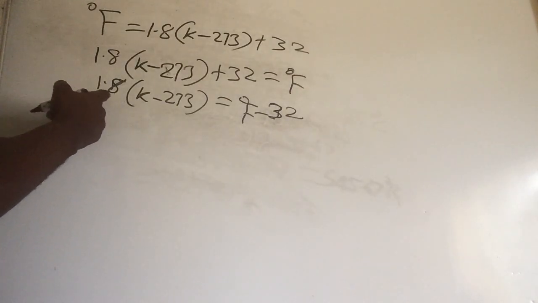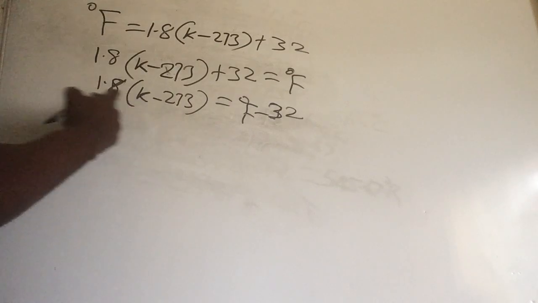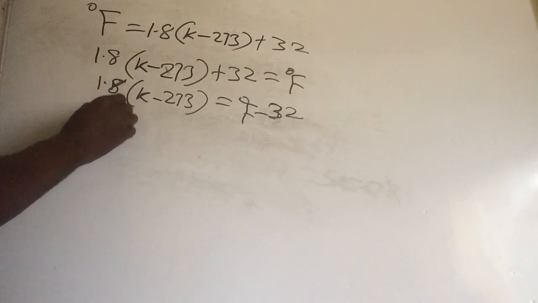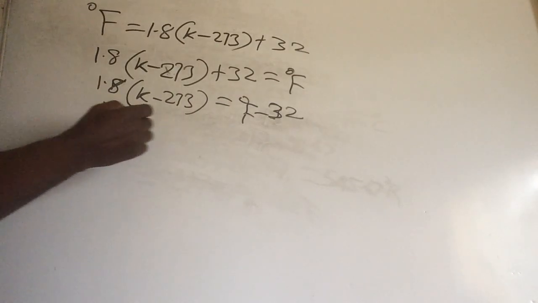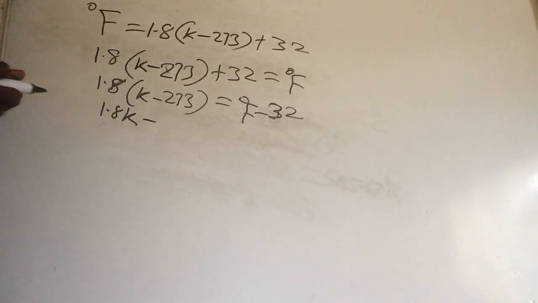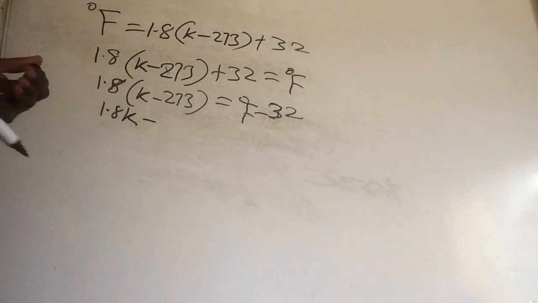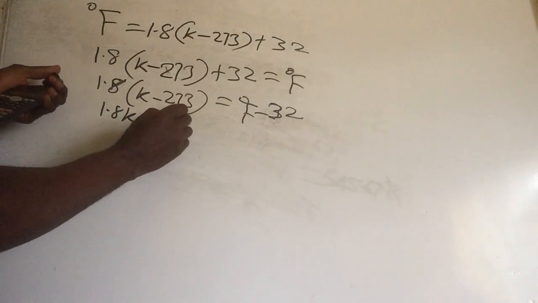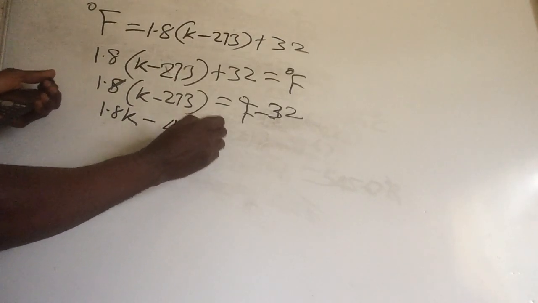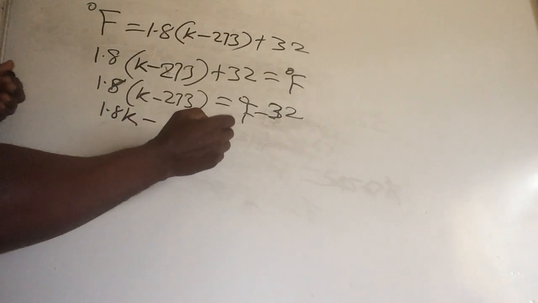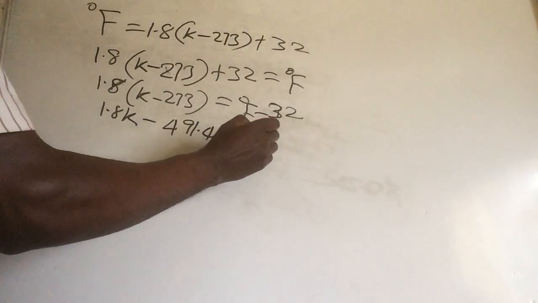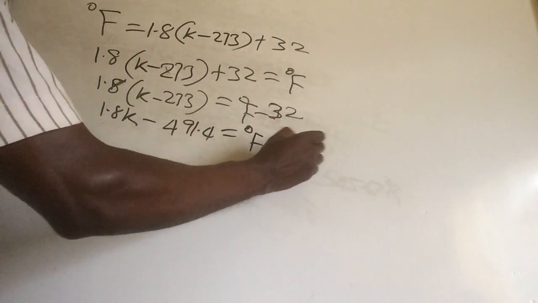Now, open this bracket, this multiplied by this, we have 1.8 K minus 1.8 multiplied by 273. 1.8 times 273, we have 491.4, which is equal to degree Fahrenheit minus 32.